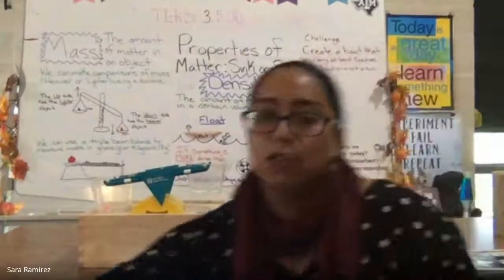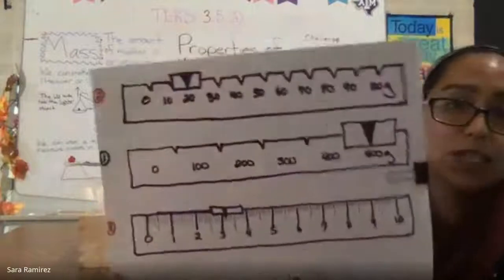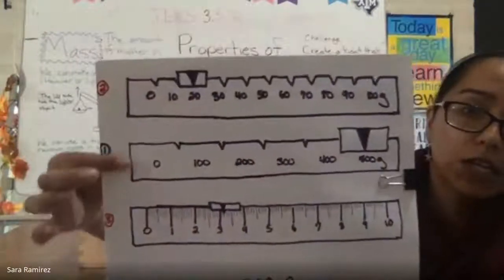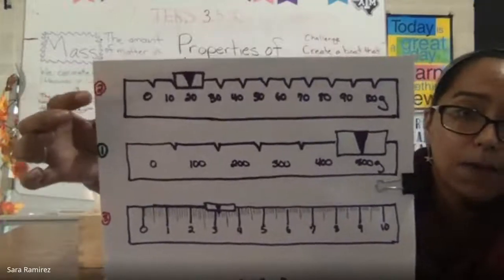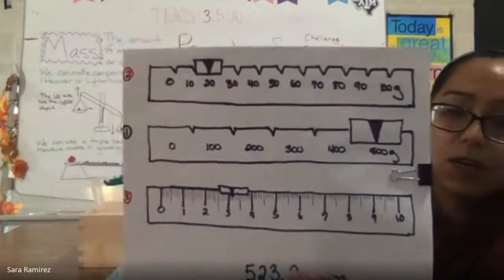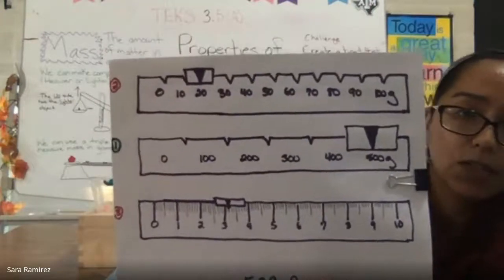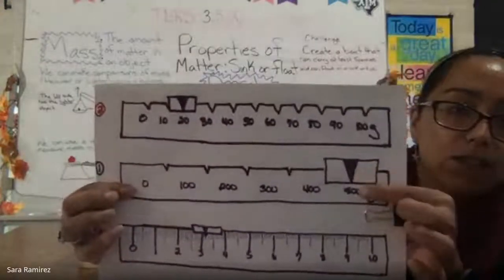And to read the measurement, I have a close-up of what it could look like. So these are our 3 scales. You're gonna read the middle scale first because it's the biggest. Then you're gonna read the 10 scale next, the one at the very end. And then you're gonna go to the front and read the 1 section. So for example, we read this one first since it's the biggest. It's at 500 grams.